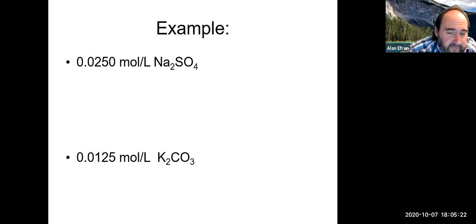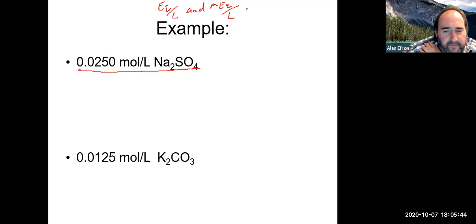For example, if we had a solution that was 0.025 moles per liter of sodium sulfate, and we wanted to figure out what the equivalents per liter and the milliequivalents per liter of both ions are, in this particular case we would do a conversion problem.